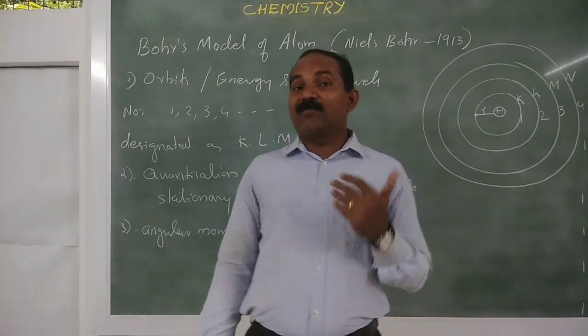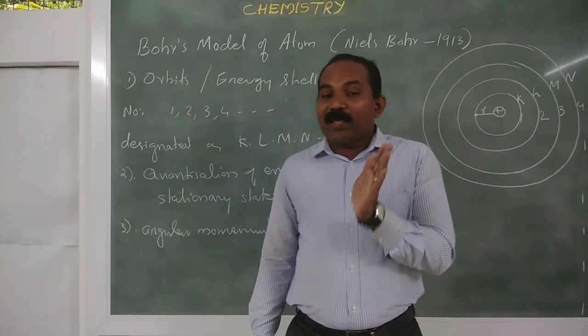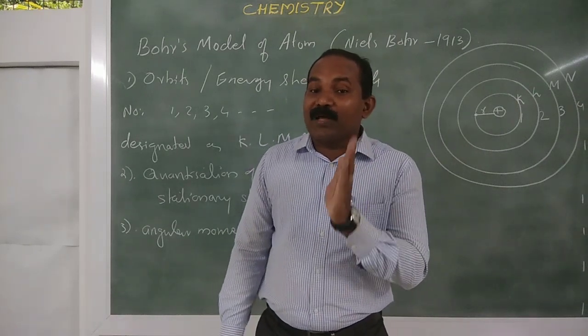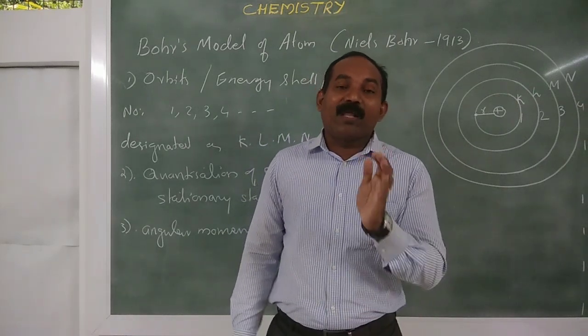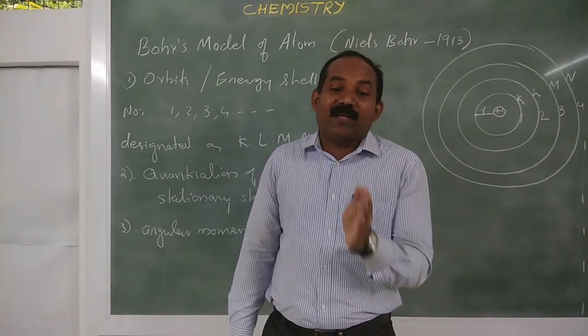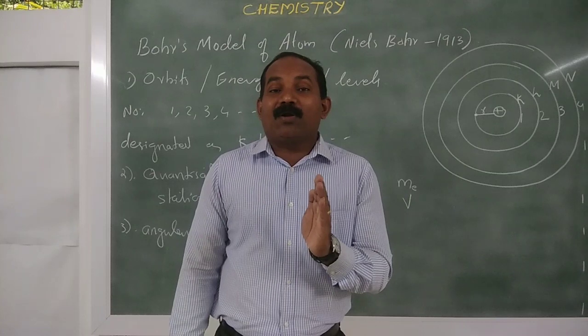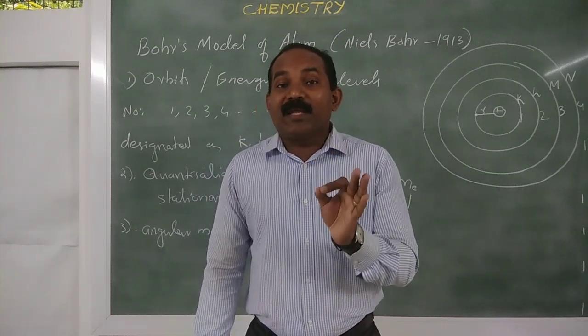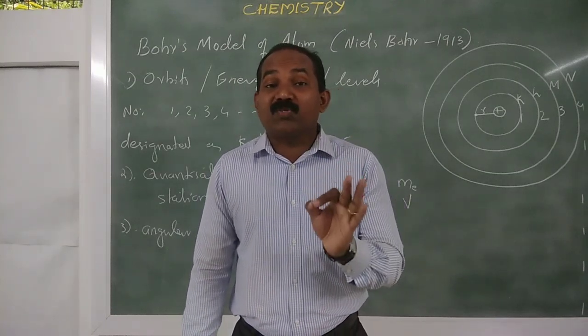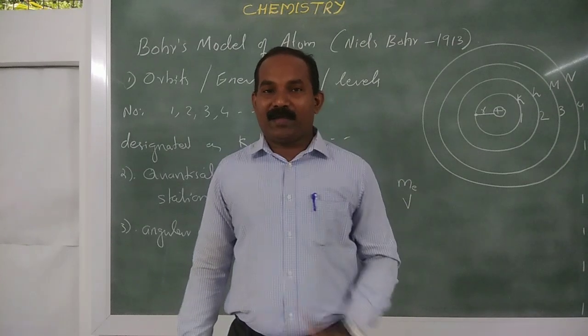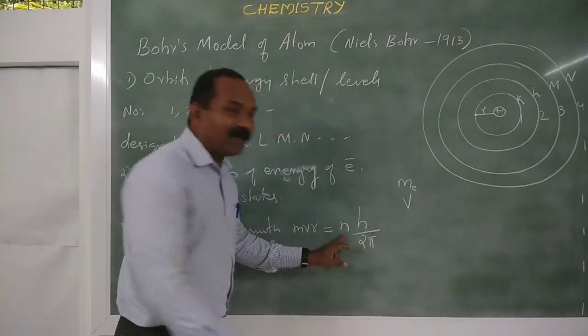How is it defined? Only those orbits are permitted in which the angular momentum of the electron is an integral multiple of h by 2 pi. So what is n?